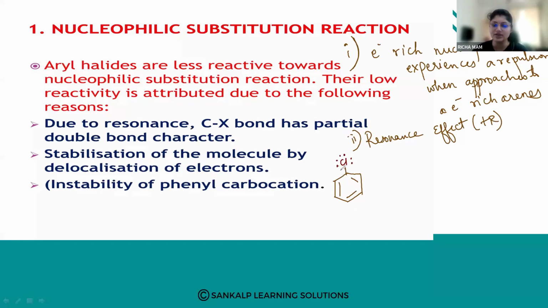When you see the resonance structures, the lone pair of electrons of chlorine is involved in bond formation.